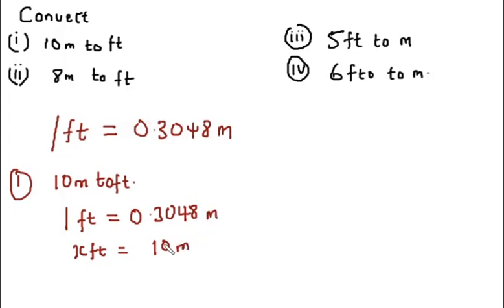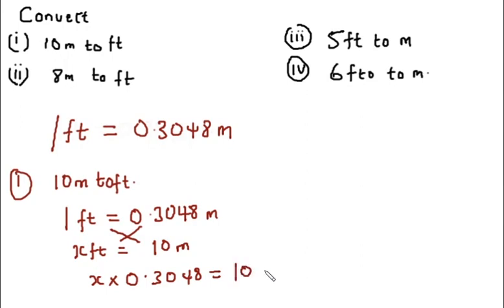To find the equivalent value for feet, we will cross multiply these two terms, so that this becomes x times 0.3048, and then it is equal to 1 times 10.